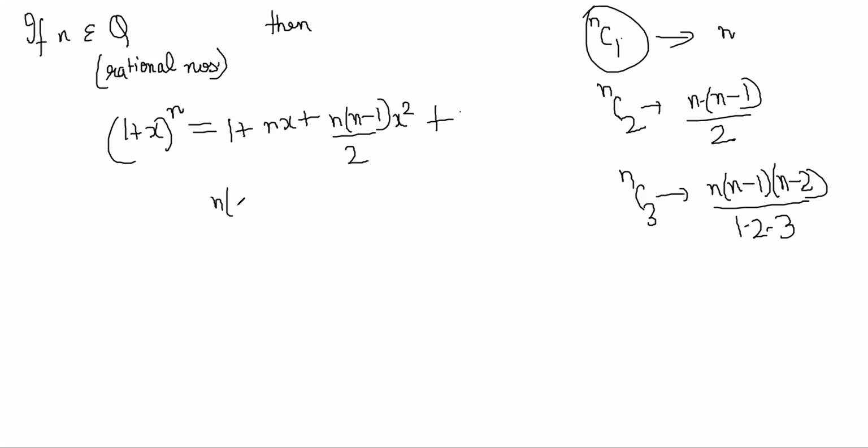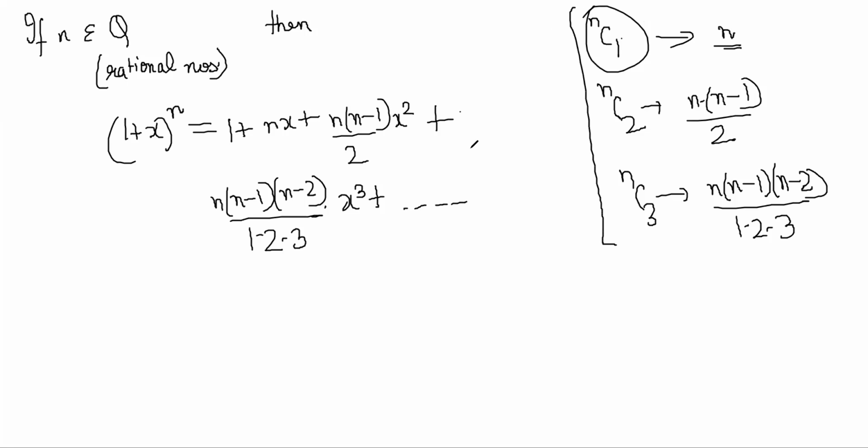You understand? Expansion is the same, it's just written like this because this definition doesn't make sense, but the values are still the same. However, this series now extends till infinity, provided mod x is less than 1.